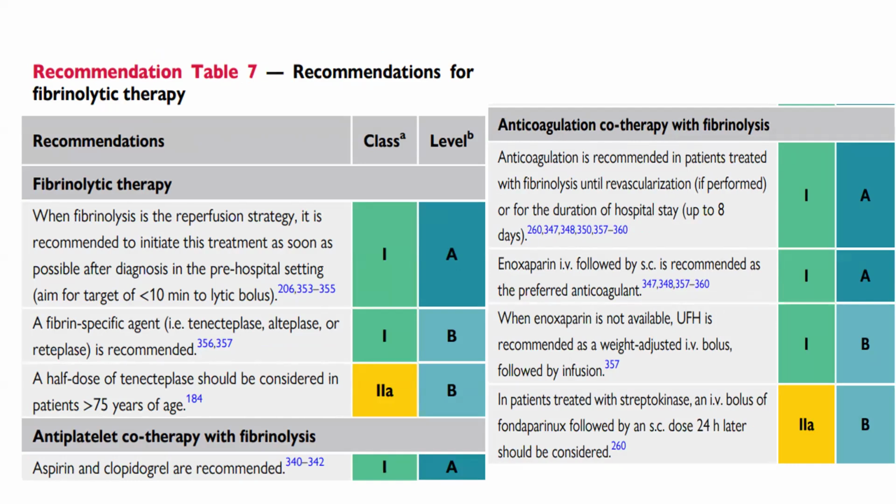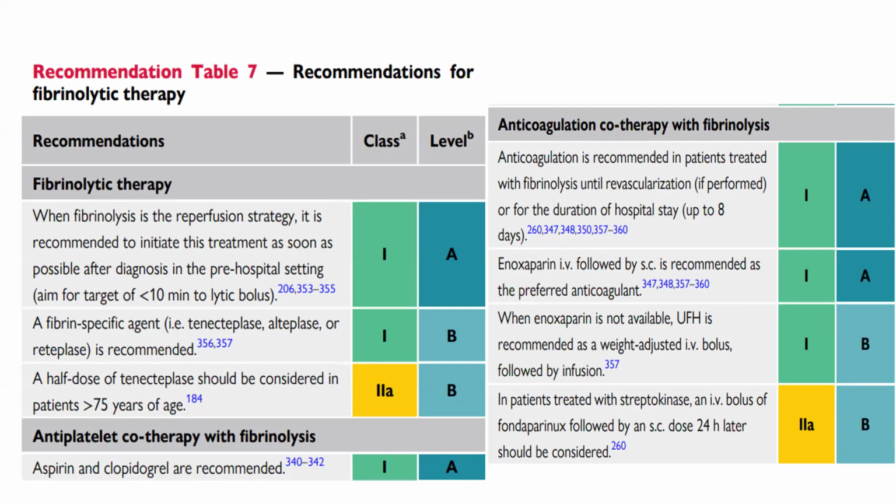In Ghana, we tend to get more of the tenecteplase, even though it's very expensive, and most patients also do not come within the window period to benefit from thrombolysis, which is within 12 hours. And in elderly patients, the risk of bleeding is high, so you need to reduce the dose of tenecteplase. You continue aspirin and clopidogrel when you are doing fibrinolysis. The anticoagulation is continued until revascularization is performed, or for up to 8 days.